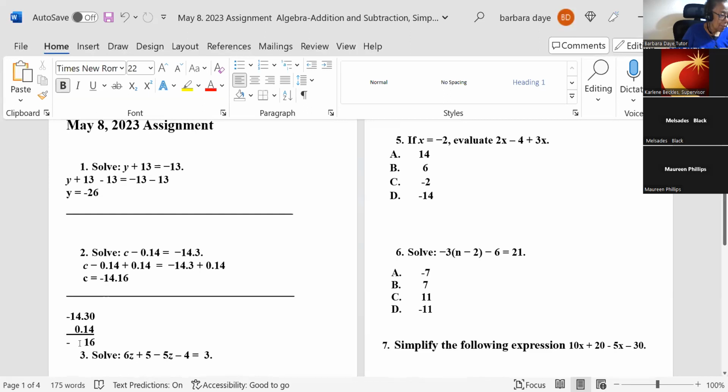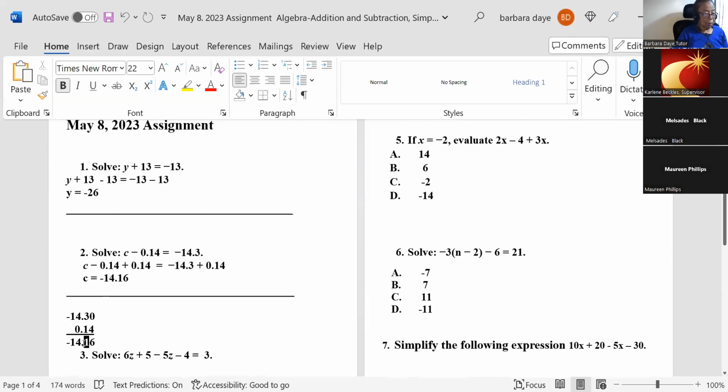So let's put our decimal here. And then, of course, 1, 4. So we put 1, 4. And that's your answer.